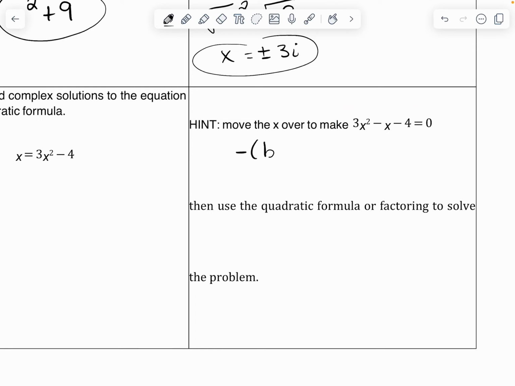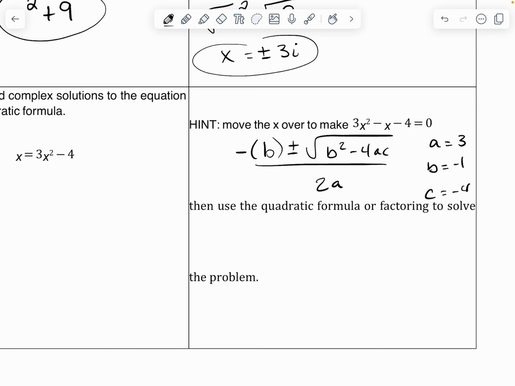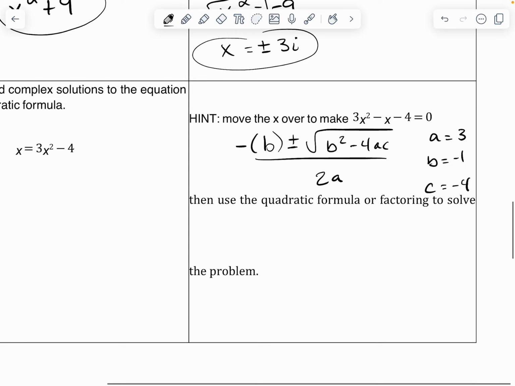So we're having to plug into the quadratic formula. Negative b plus or minus square root b squared minus 4ac all over 2a. So when I plug these things in, a is 3, b is negative 1, c is negative 4.